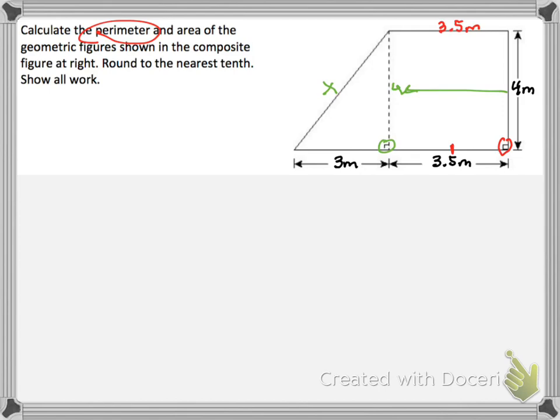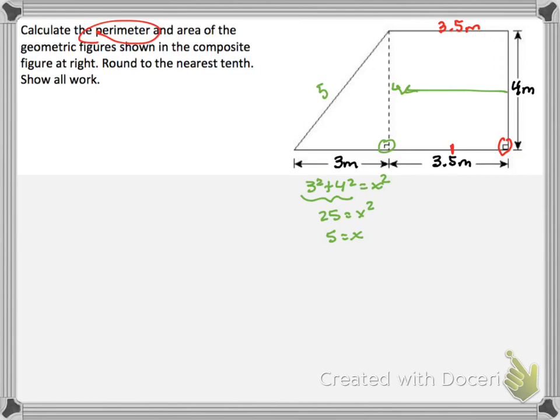So we can do 3 squared plus 4 squared equals x squared, which is 25 equals x squared, so 5 equals x. So you might have recognized that automatically as a Pythagorean triple here, but not everyone recognizes those. So this would be 5.